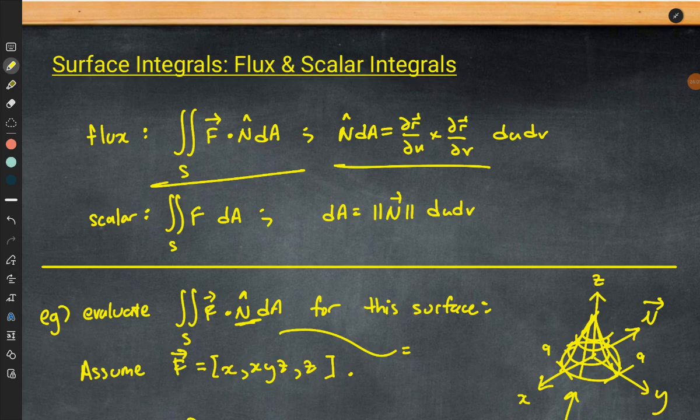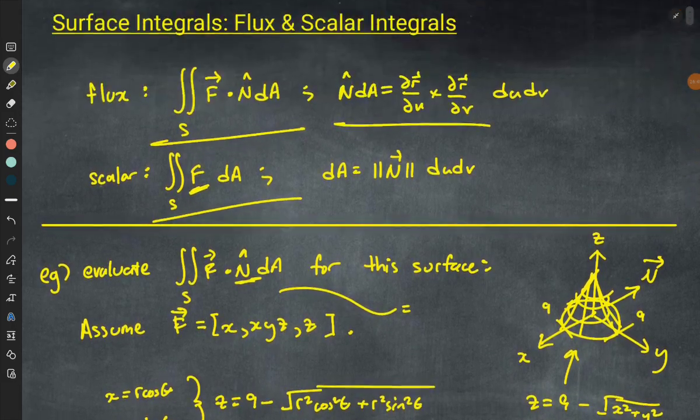You know it's a vector if it has an arrow on top and has x, y, and z components. You work with the scalar formula if there's no arrow on top of your function, which means you're working with a scalar function, and it doesn't have x, y, and z components.